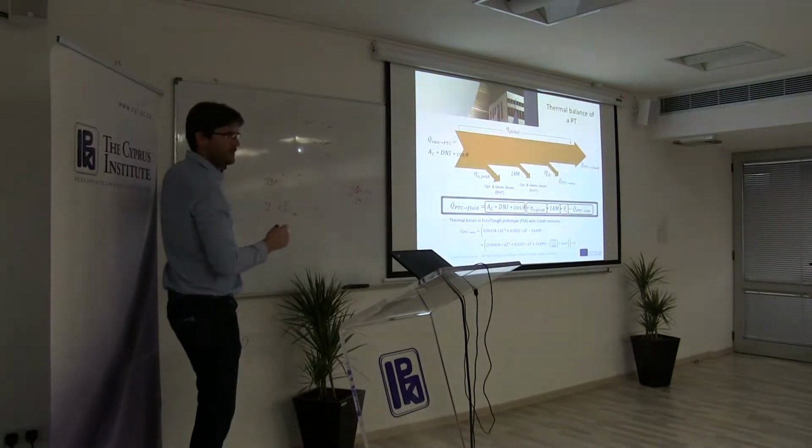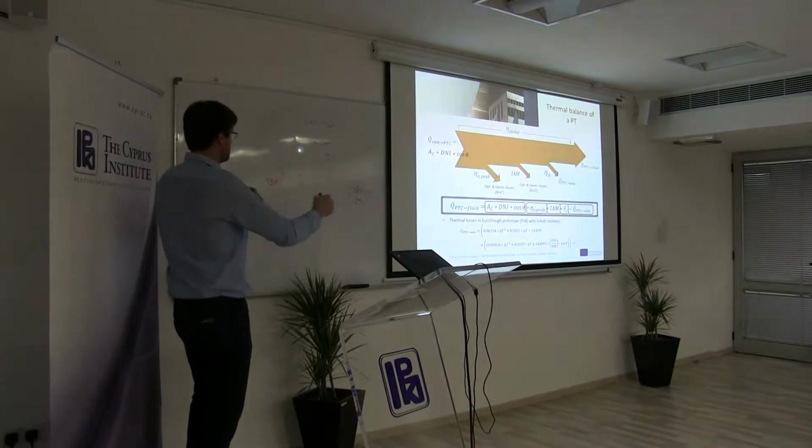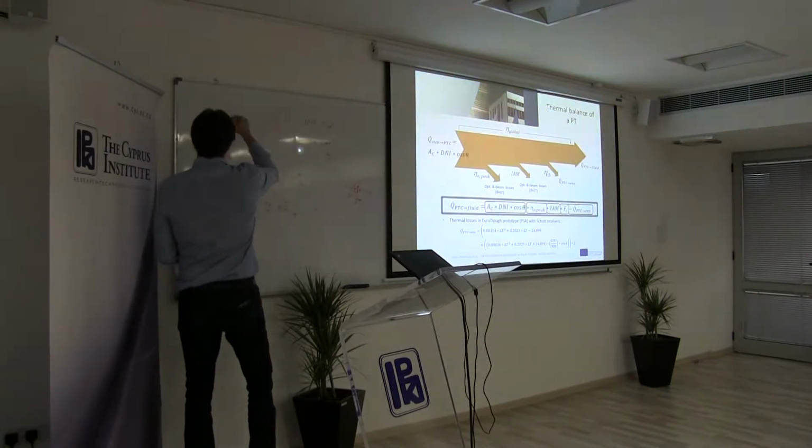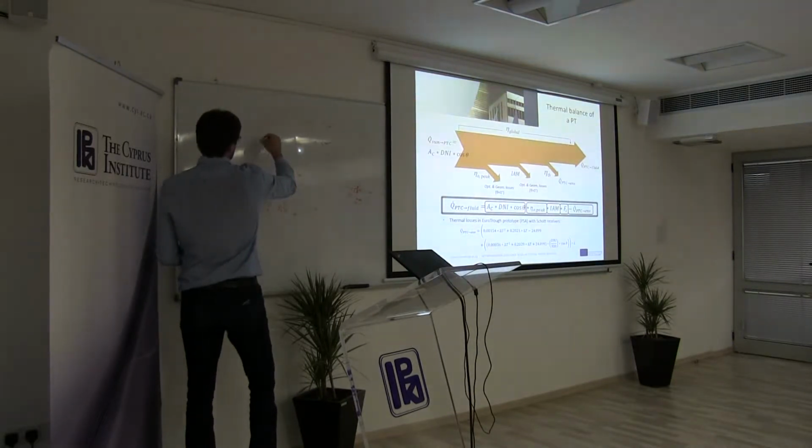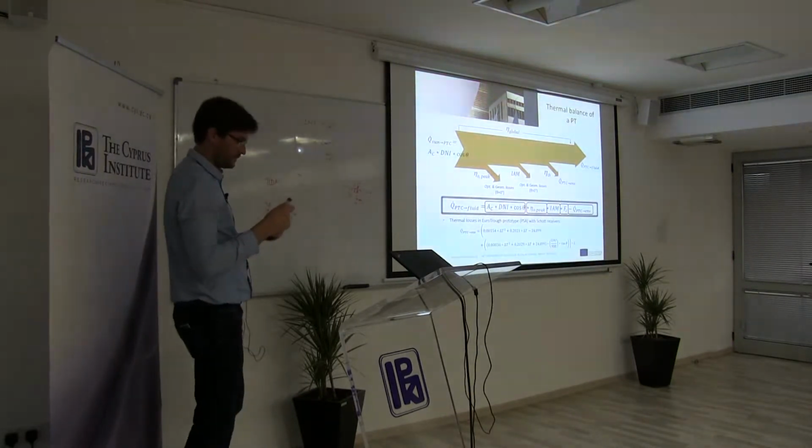So no mirror. If the sun is incident at 90 degrees, then the aperture surface will be seen. Okay? Good.